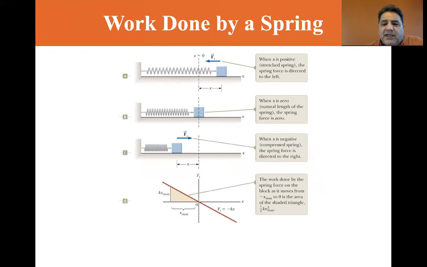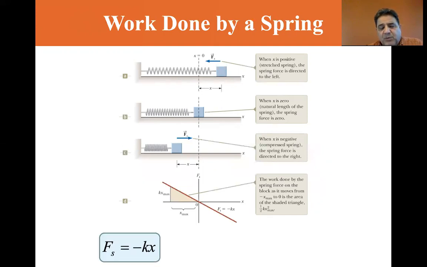The work done by the spring force on the block as it moves from minus x max to 0 is the area of the shaded triangle, 1/2 kx squared max. Again, the work done is the area under the curve.